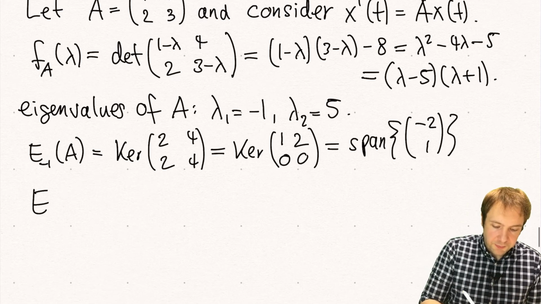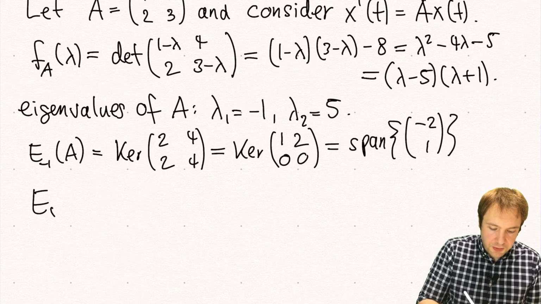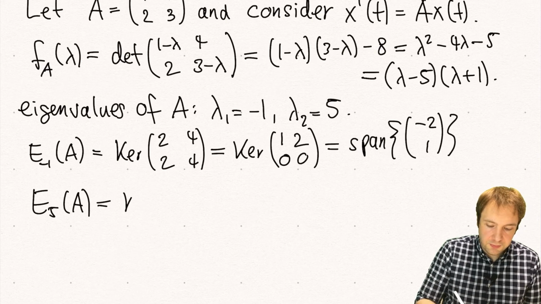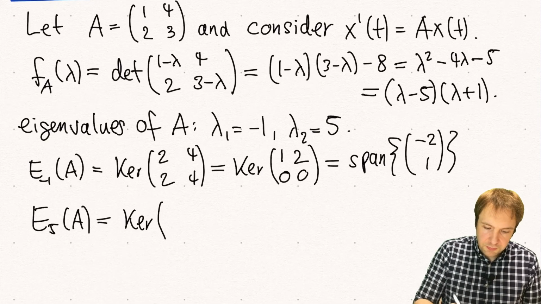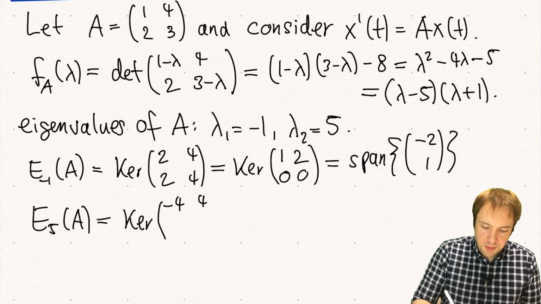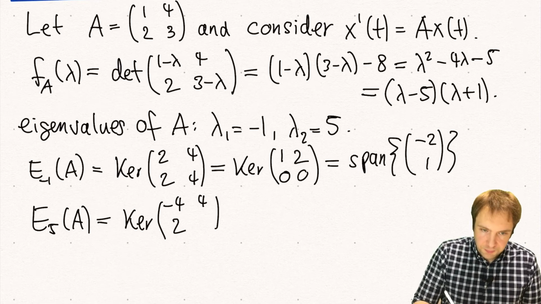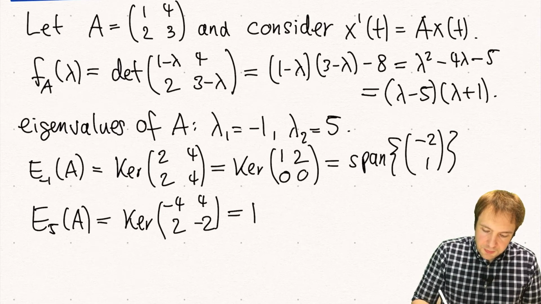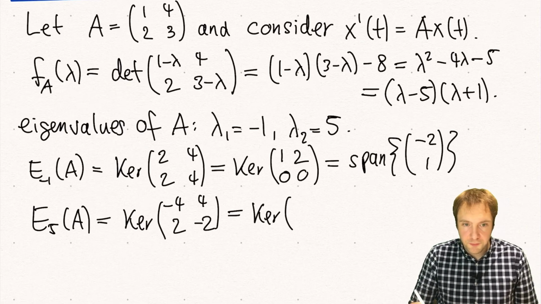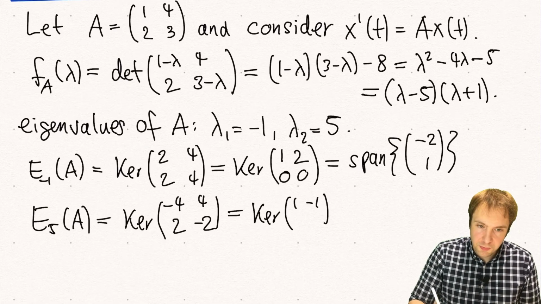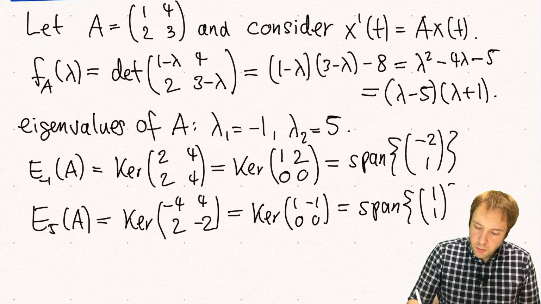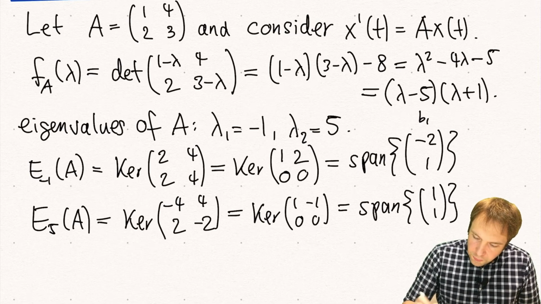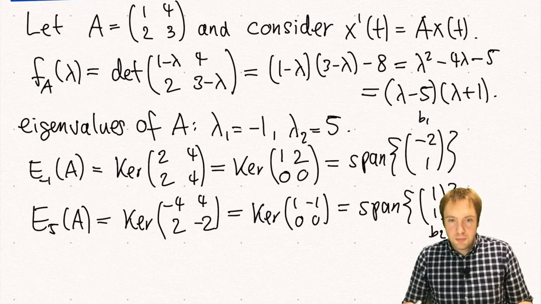And the eigenspace of the eigenvalue 5 of matrix A is the kernel where we subtract 5 on the diagonal. So it's 1 minus 5 is minus 4, 3 minus 5 is minus 2, and the row-reduced echelon form of this matrix is 1, minus 1, 0, 0, and therefore this is just the span of the vector 1, 1. And this we could call B1, and this we could call B2.